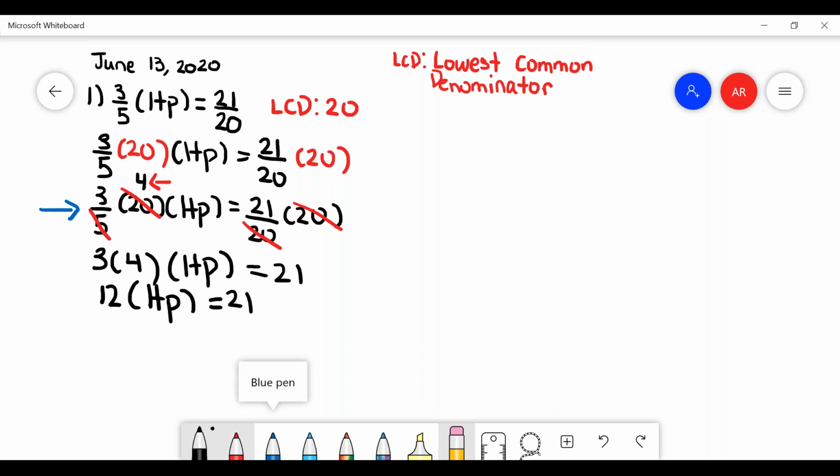So for example, if you had 2 times x plus 1, as you can see here, you have 2 as being the term on the outside of the brackets, and you have x and 1 as being the terms on the inside of the brackets. So what you want to do is take the term on the outside and multiply it with each term on the inside of the brackets.